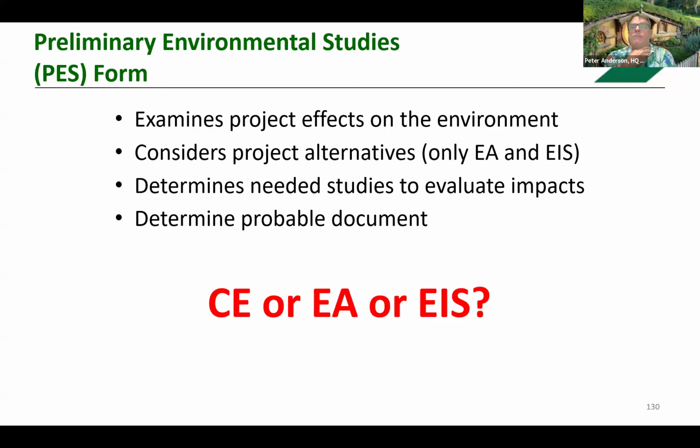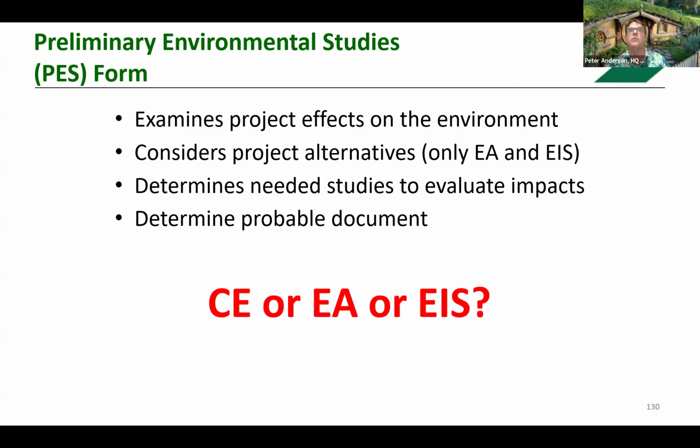The preliminary environmental study, called the PES form, is designed to provide early coordination needed to determine required technical studies, the level of analysis, and the NEPA class of action or required document.